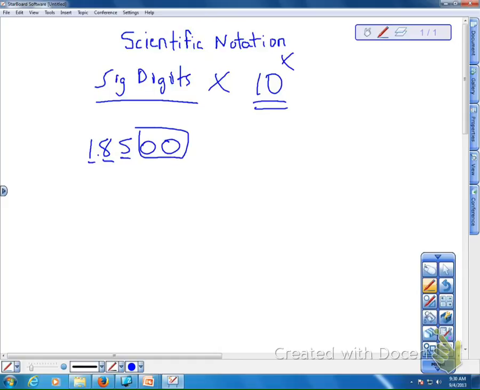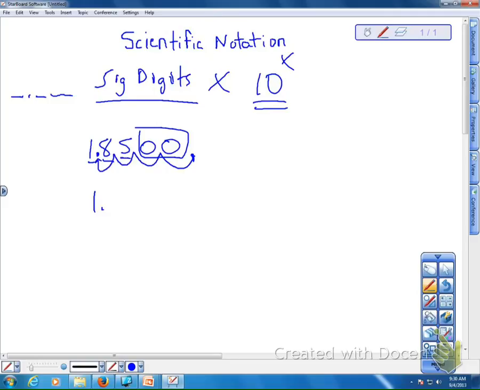So your decimal is going to go here. In proper scientific notation, it's always number, decimal, and then the rest of your sig figs, no matter how many there are. To figure out how many placeholding tens we have, we count over from where the imaginary decimal is. 1, 2, 3, 4 places.